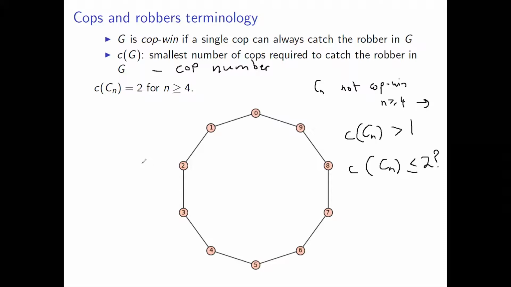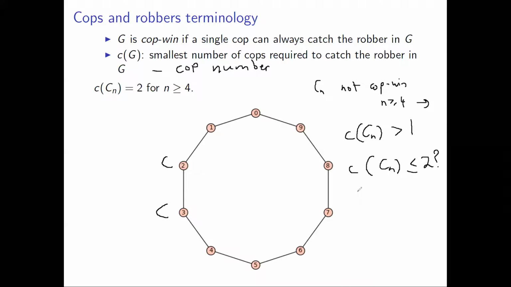So here is one possible strategy. We take the Cn and we place the cops at any 2 vertices of the Cn. So for example, we could place them close to each other, like here. This would be fine. This will not be optimal, but it will guarantee victory. And let's say the robber places anywhere in Cn.